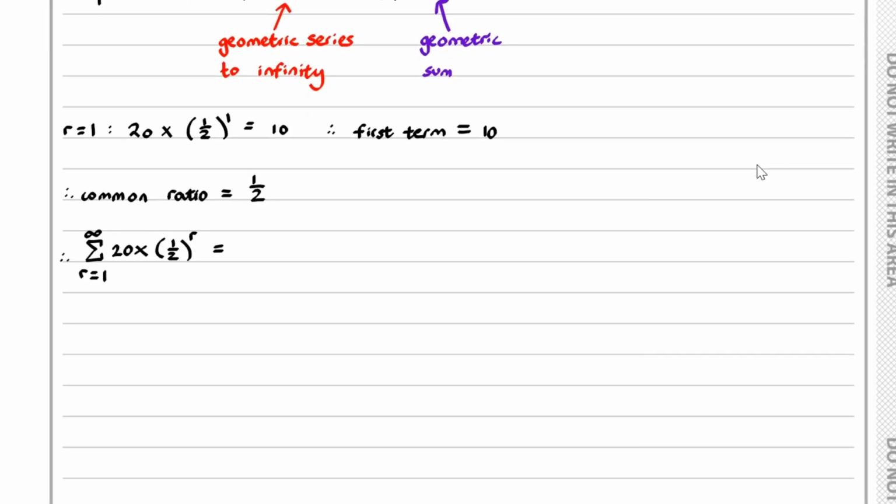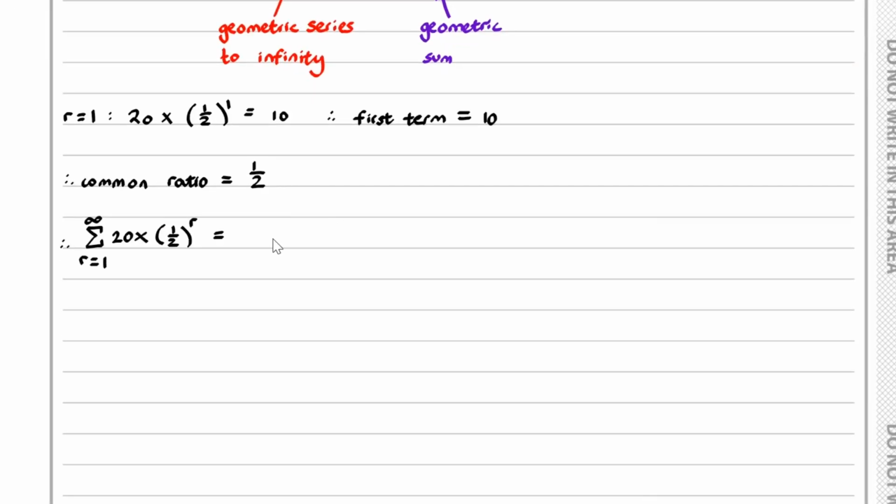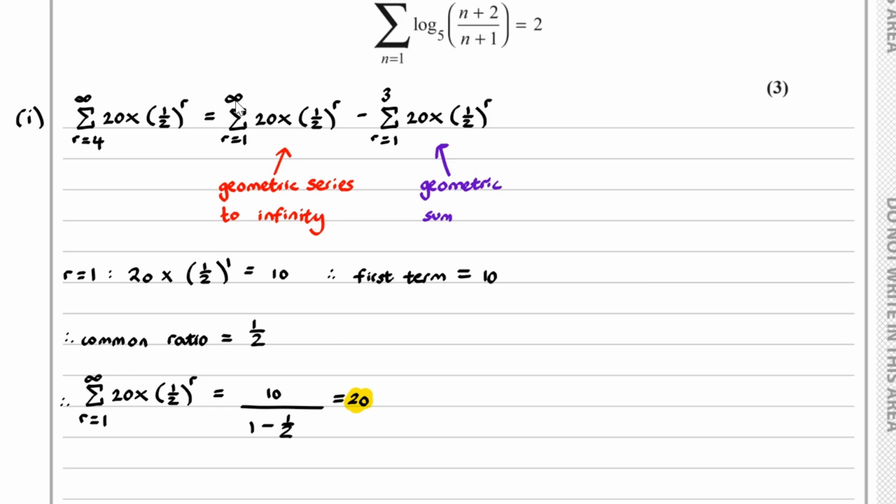So we have over here 10, that's our first term, over 1 minus r, so we have 1 minus 1/2, and it turns out we get 20. So this 20 corresponds to the sum to infinity.